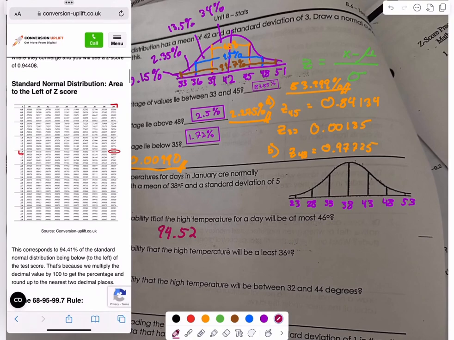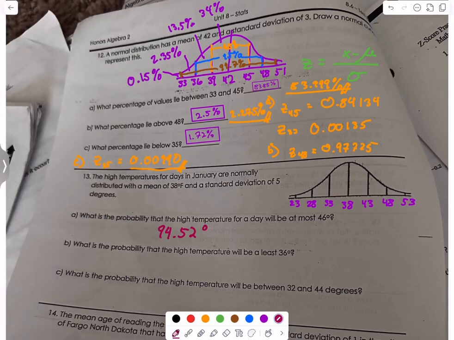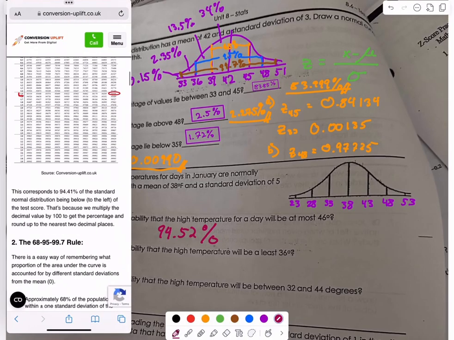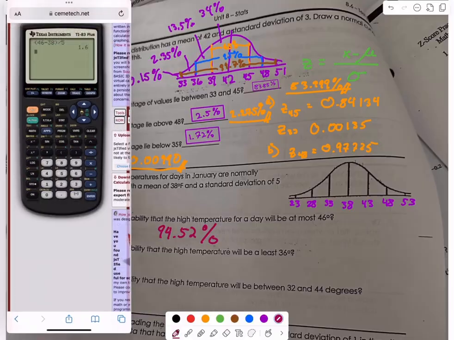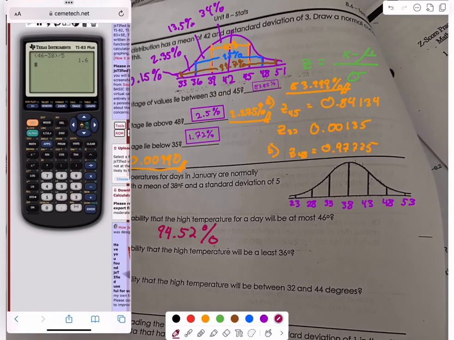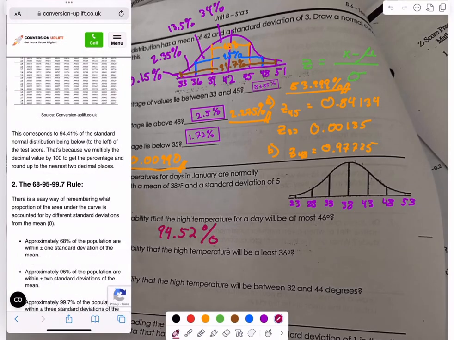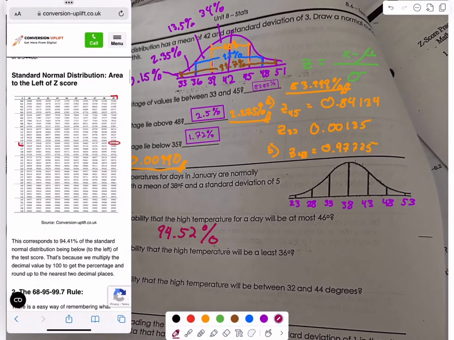Okay, yeah, so we got a probability of 9452. Again, we said the 46 minus 38 divided by 5 gave us a z-score of 1.6, and then reading the chart at 1.6, we get the 9452.